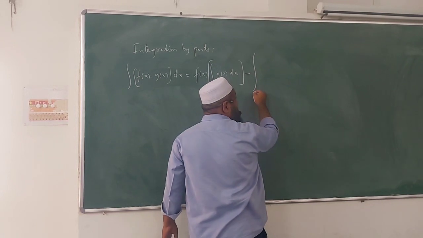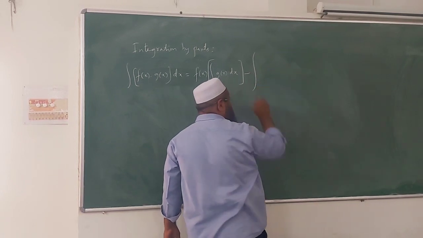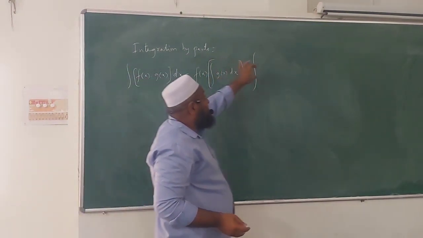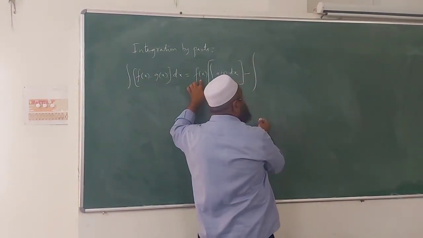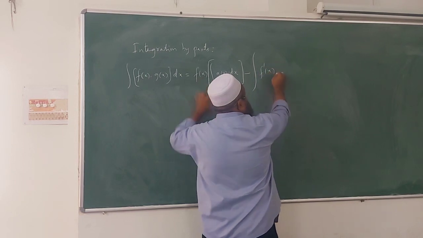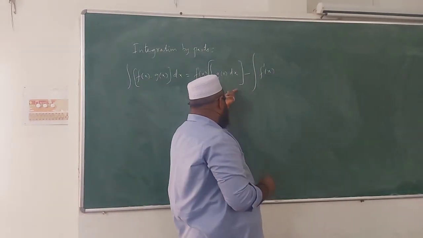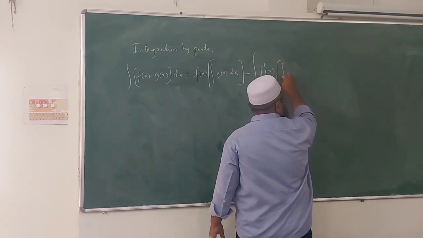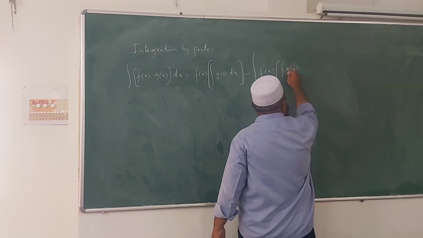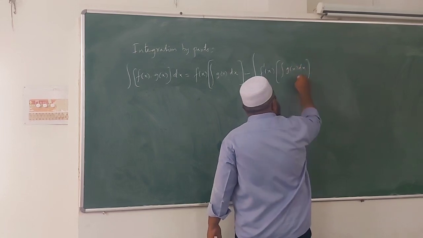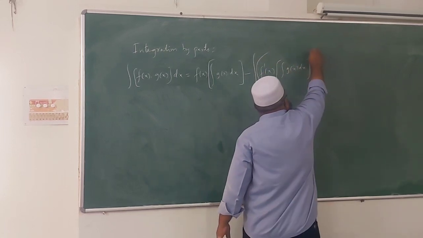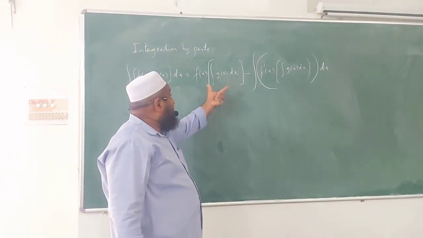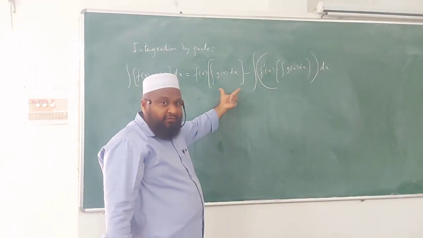integral. Be careful, here an integral is coming inside one more integral. So it is the outer integral. The derivative of this first function is to be taken. Here the function is taken, here the derivative is taken. And then this complete bracket you copy as it is, that is the integral of g of x dx. Again for this complete you will do integration. This particular bracket is the integral of g.